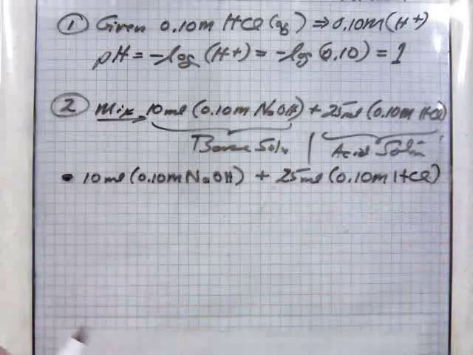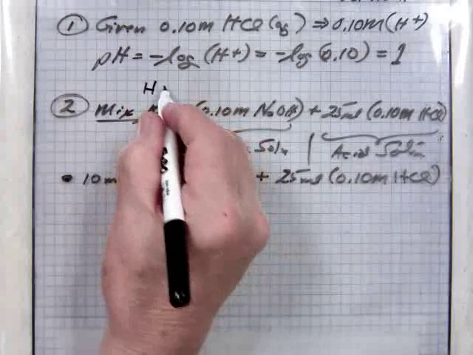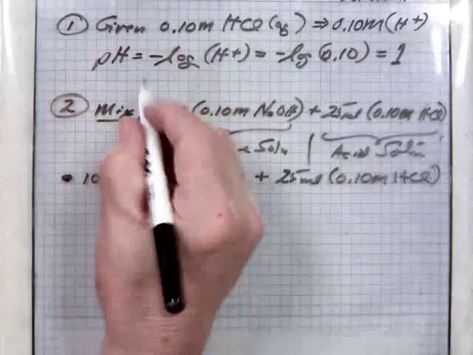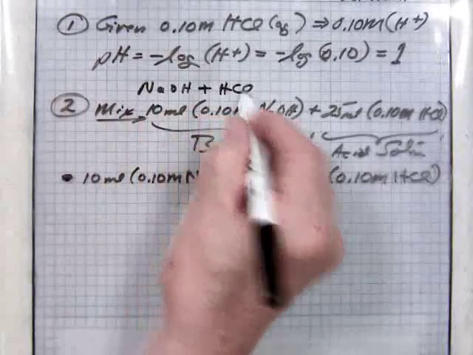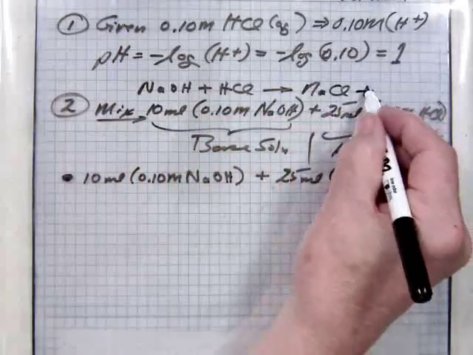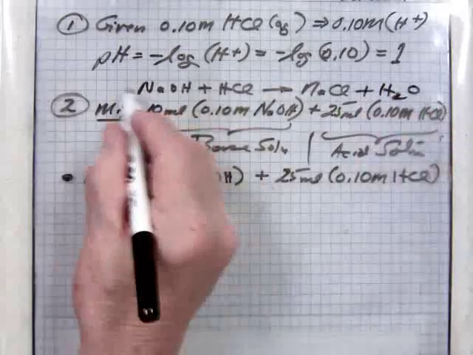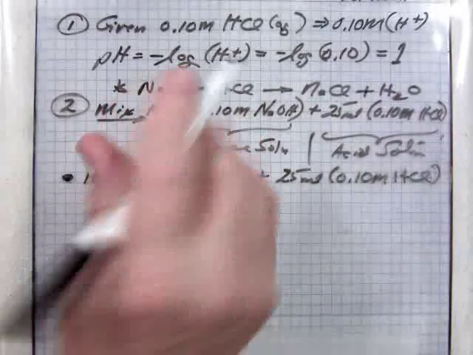Well, the reaction in here would be NaOH plus HCl going to NaCl plus H2O. That is a 1-to-1 reaction ratio.